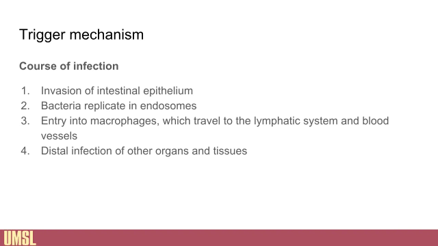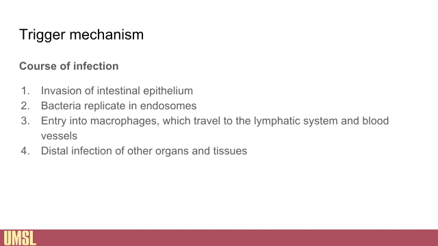Okay. So the course of infection for Salmonella is that it invades intestinal epithelium, primarily in the ileum of the small intestine, where we have the highest abundance of Peyer's patches and M cells, and the surface area of the ileum is very, very high. Once the bacteria invade epithelial cells, they replicate in endosomes.